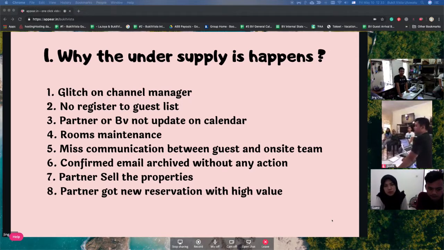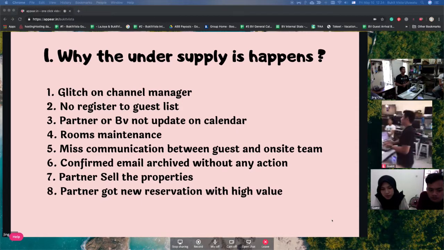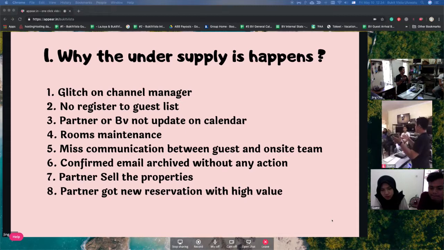And then the fifth is miscommunication between the guest and the on-site team. This can happen in every area, because guests think that everyone in the property is the owner, friends or family.